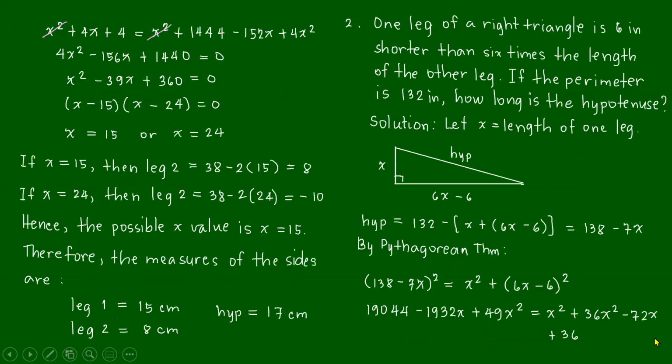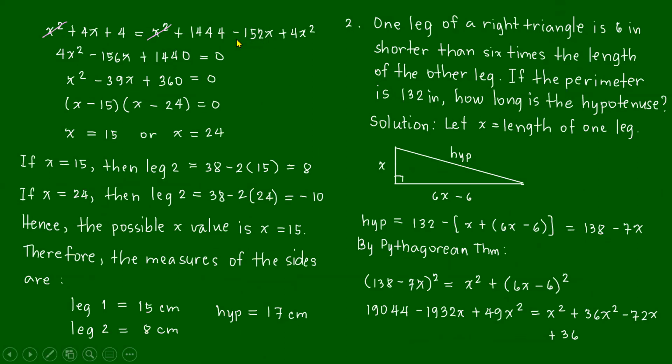So when expanded, we have x squared plus 4x plus 4. Then equals x squared. Then plus 1444. Square of 38 is 1,444. Then the middle term, we have to multiply the first and the second, then double. So when you double, we get what?